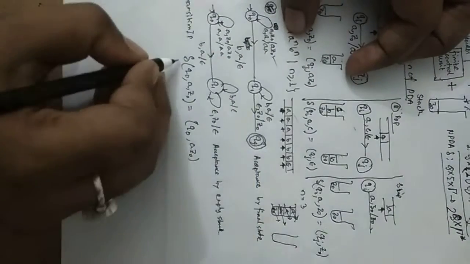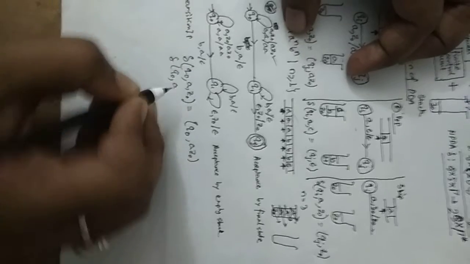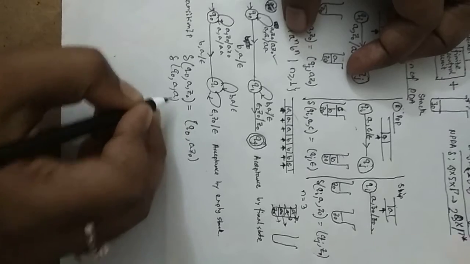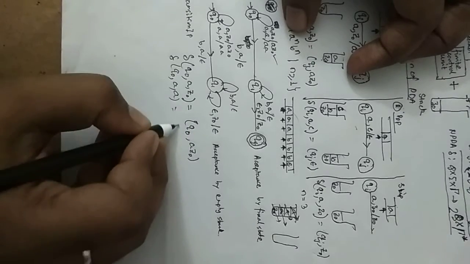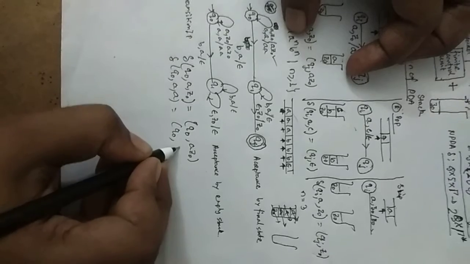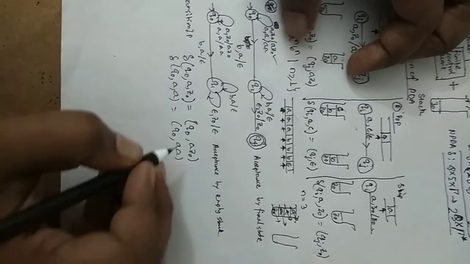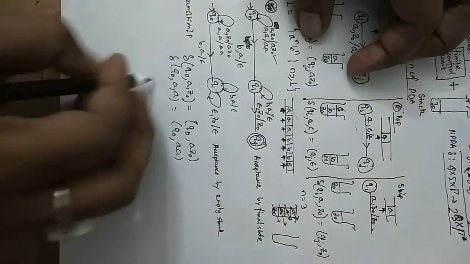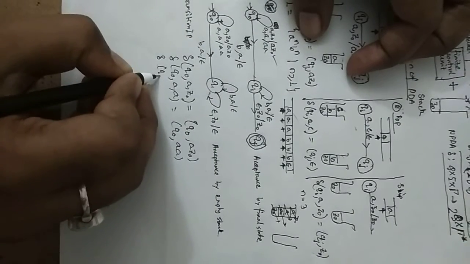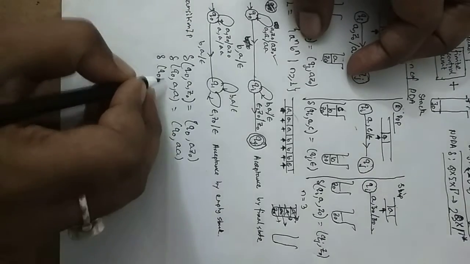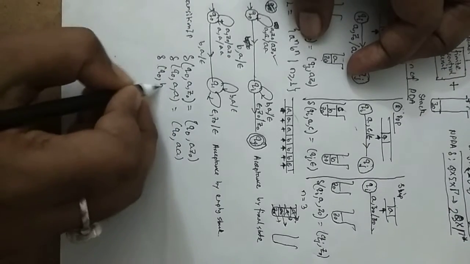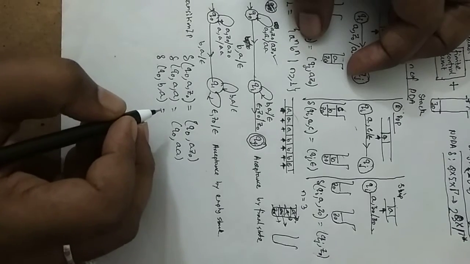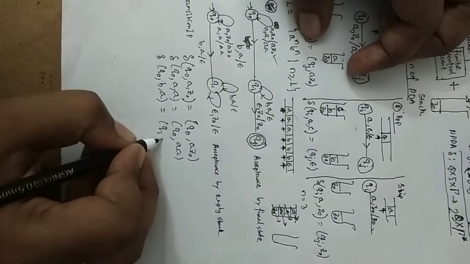Next consider this one, Q0. You are reading A, and after pushing A, the top of the stack will be A. Previously it was Z0, now it is A. You are in the same state and the condition is nothing but AA. Next you go from Q0 to Q1, so Q0, you are reading B, top of the stack is A, and you reach the state Q1.